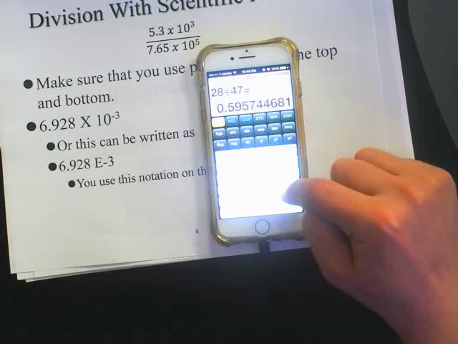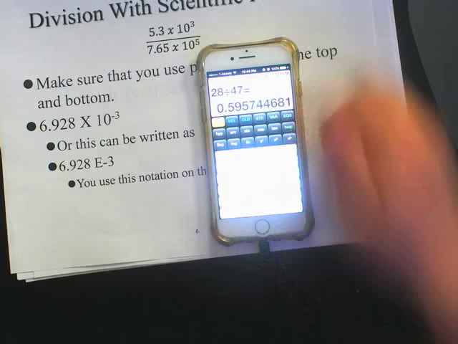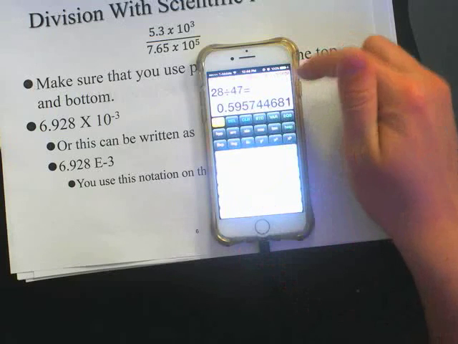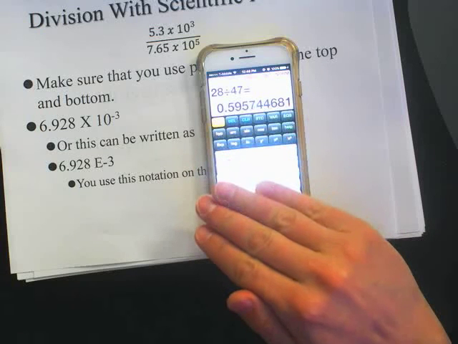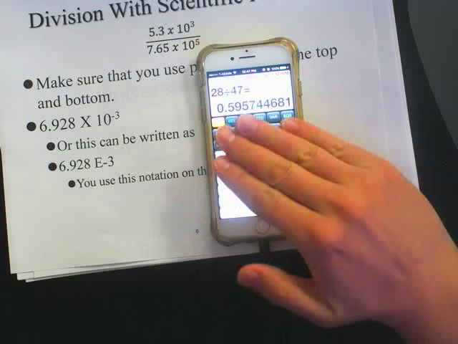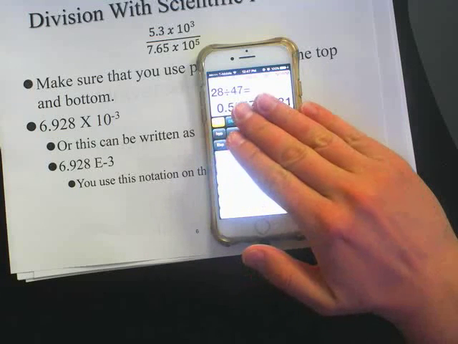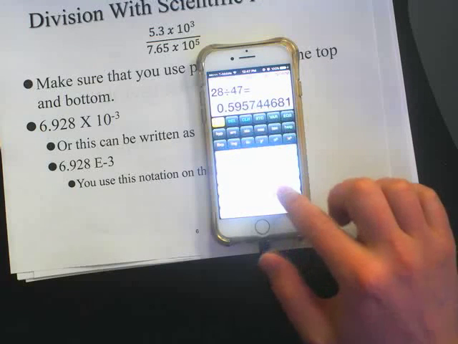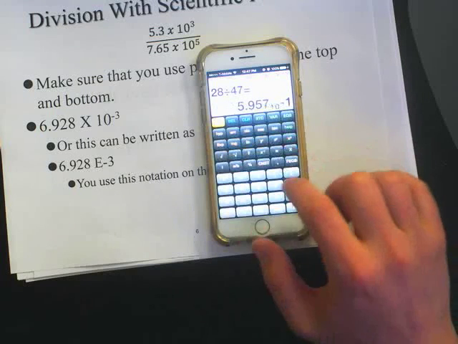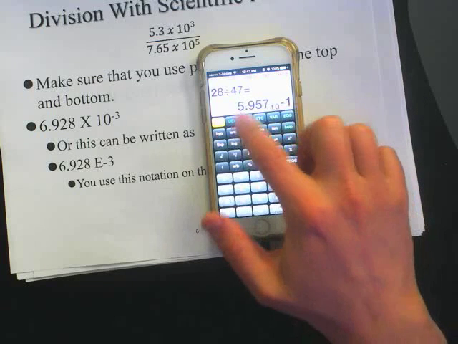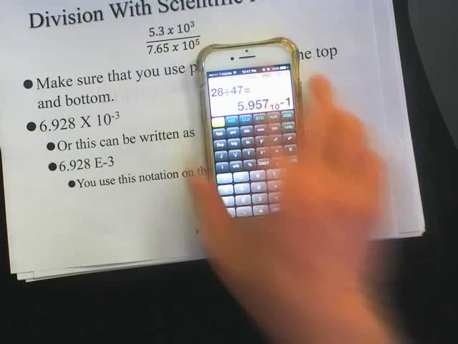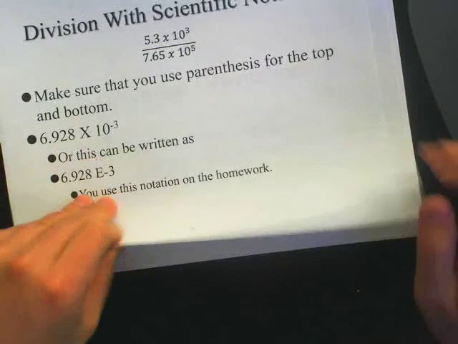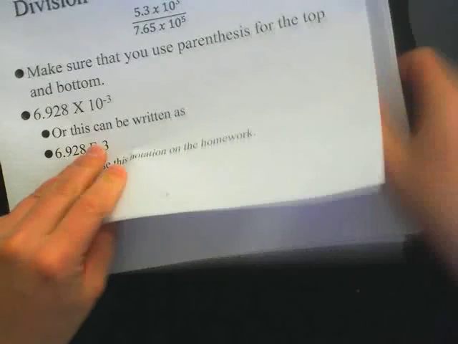You can't see this very well, but you go up here in the corner to normal, and then down here, you go to scientific. And then you can choose how many decimals you want. So if I do that, it's going to change my answer to 5.957 times 10 to the negative first. Okay? So that is scientific notation. Okay? Good luck.